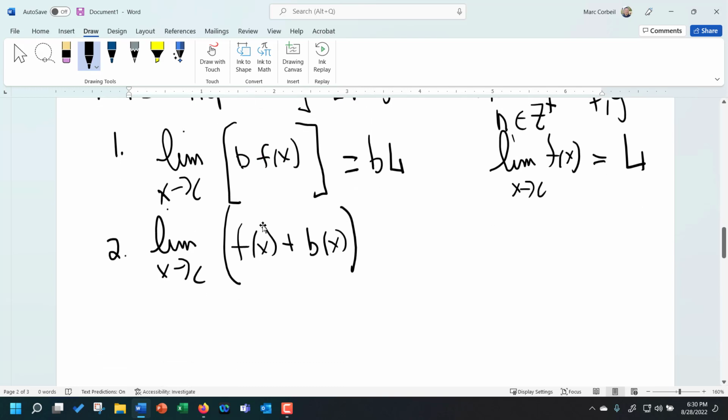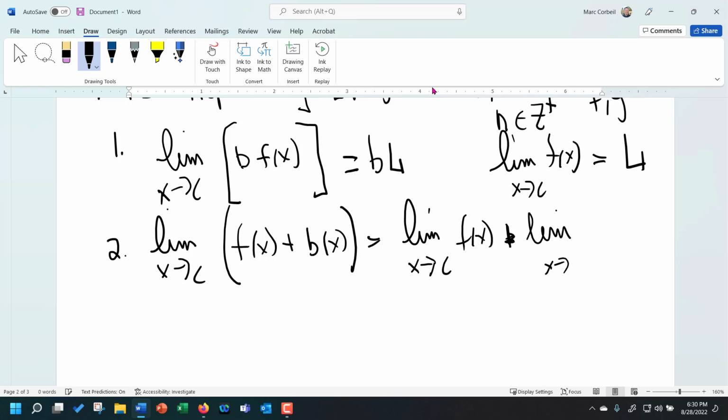So this is going to be actually the limit as x goes to c of f of x, plus the limit as x goes to c of, sorry, that's g of x, not b of x. Go back here and fix that. That's g of x.